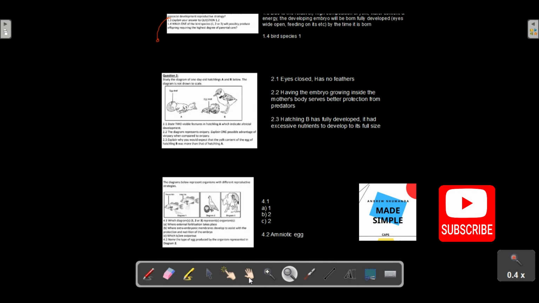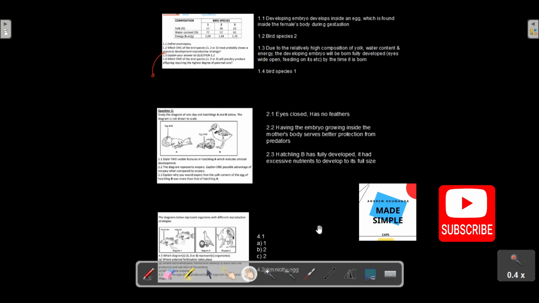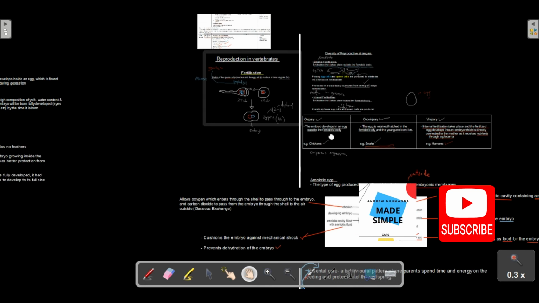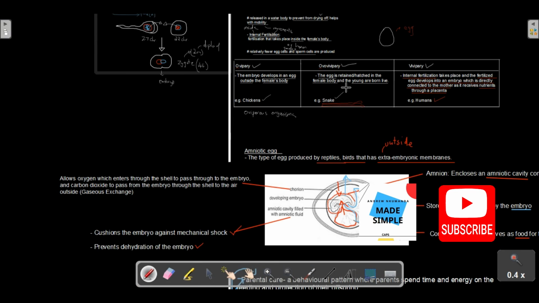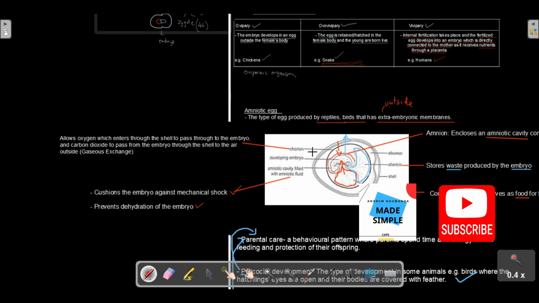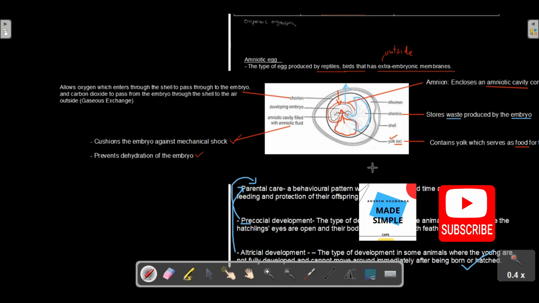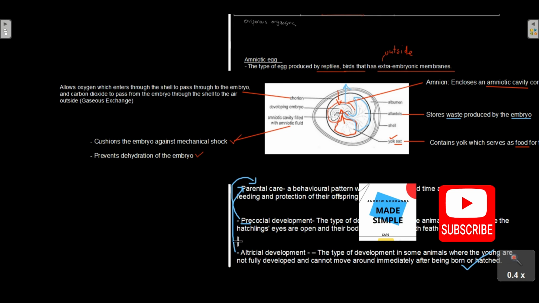So if you can just hold on to those concepts and remember them, be able to differentiate between those terms, especially oviparous and viviparous organisms, and external fertilization and internal fertilization, know the amniotic egg, know how to annotate it, know the functions of each extra-embryonic membrane, and know the parental care and the types of development. If you master that, then you have mastered the reproduction in vertebrates part.